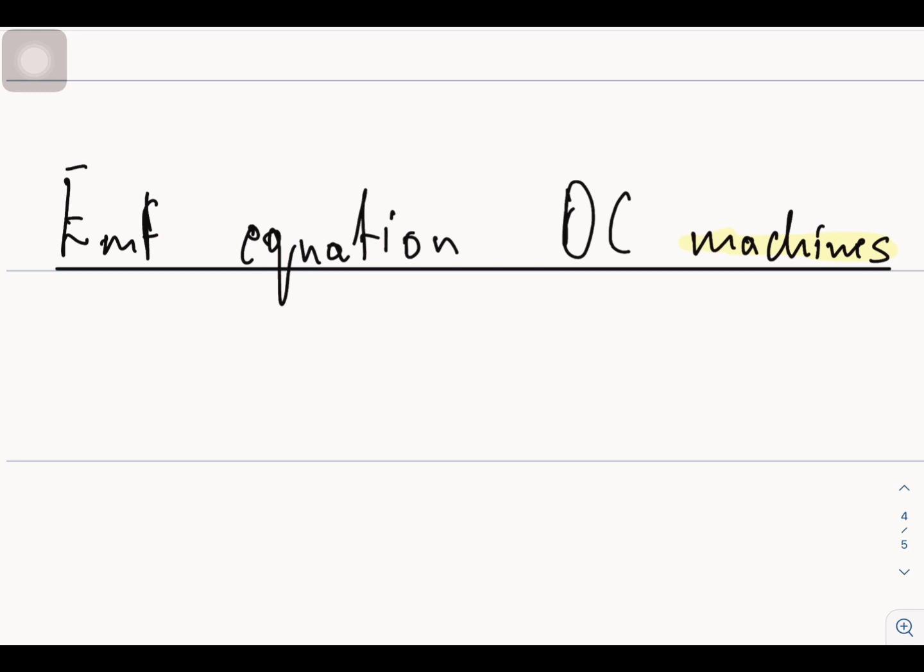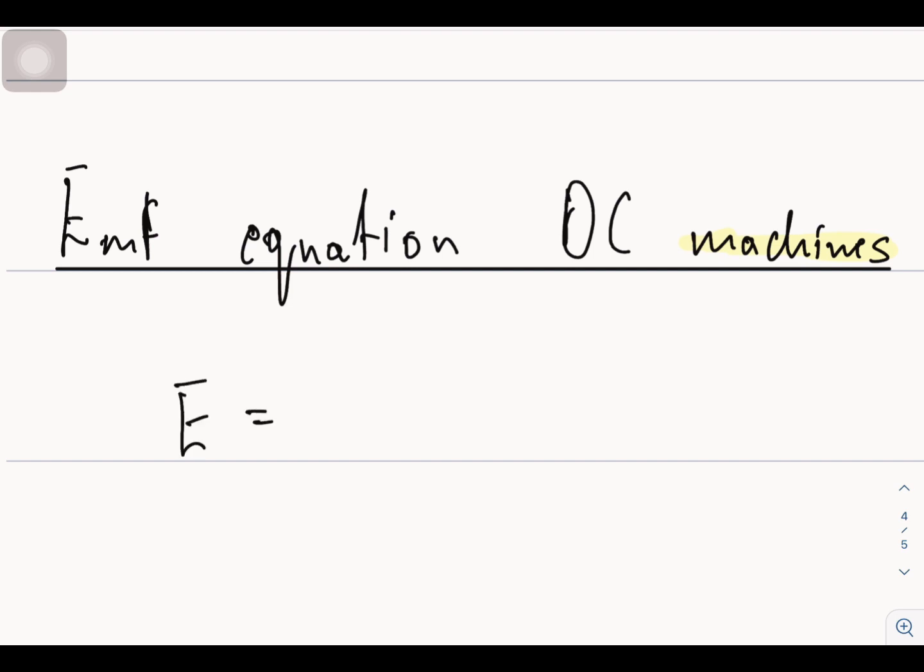That is why I said EMF equation of a DC machine, not of a DC generator or a DC motor. This equation applies to both a generator and a motor.